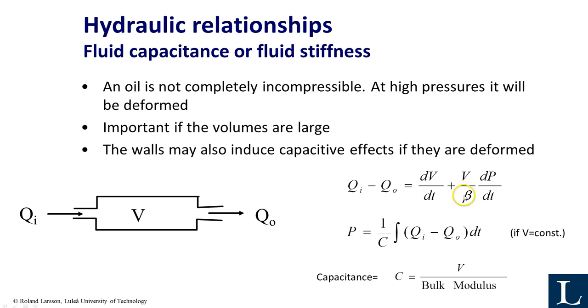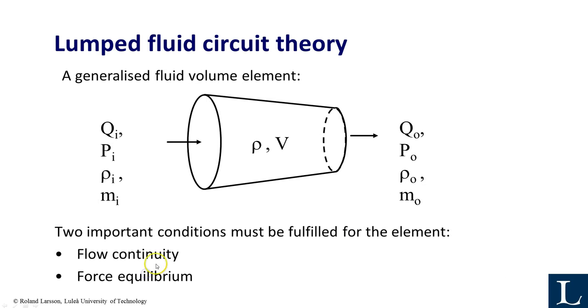I think it's better to show it via some mathematics, but it is very much about the capacitance of the oil: it is the volume divided by the bulk modulus. Beta is the bulk modulus, and that tells you how compressible the fluid is. So, coming back to that.